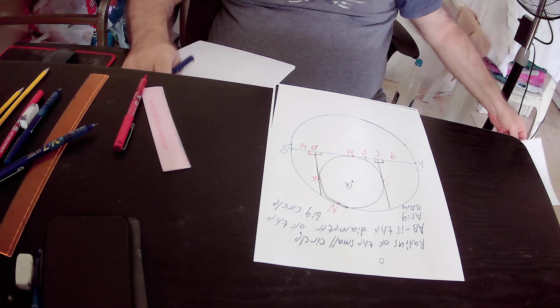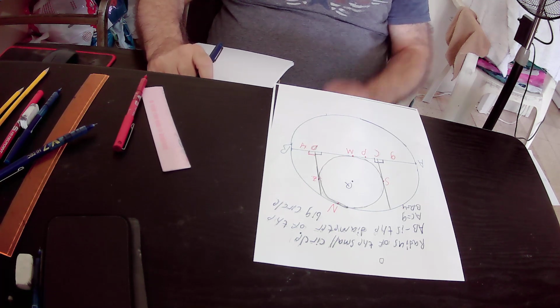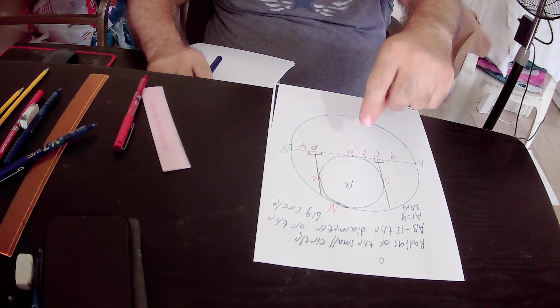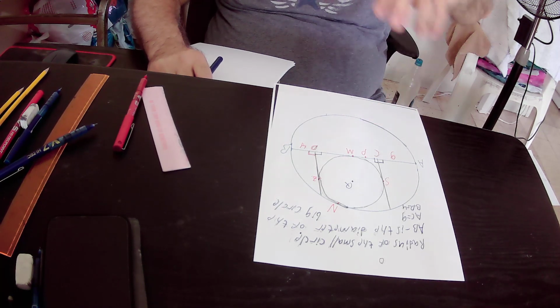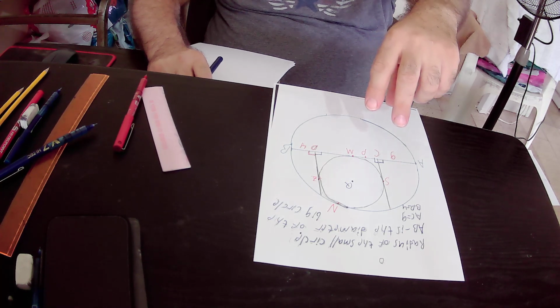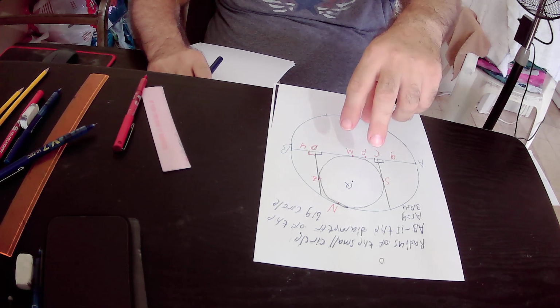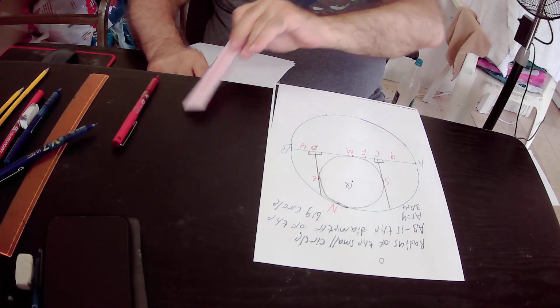Okay, in the next step I will draw three radiuses of the small circle. The radiuses will touch the small circle at the launch points.